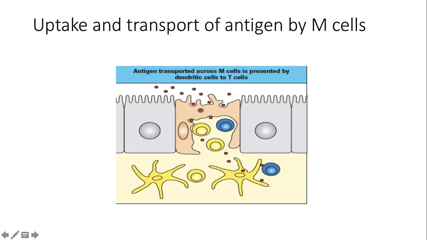We talked about those microfold cells in the follicle-associated epithelium of Peyer's patches. Those M cells have a convoluted basal membrane that forms pockets within the epithelial layer, allowing close contact with lymphocytes and other immune cells.